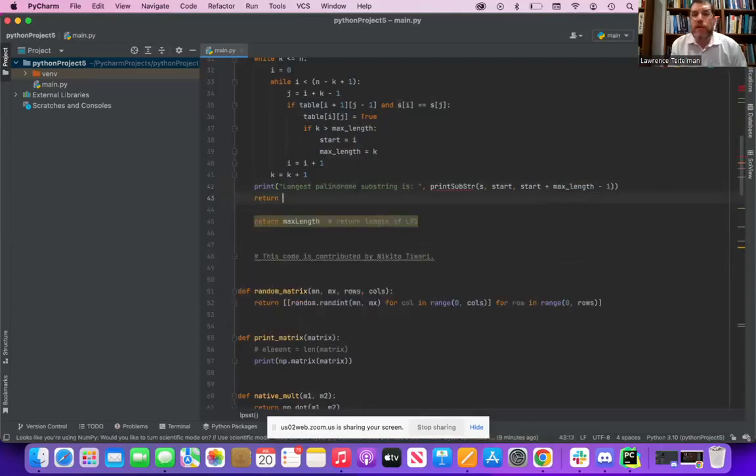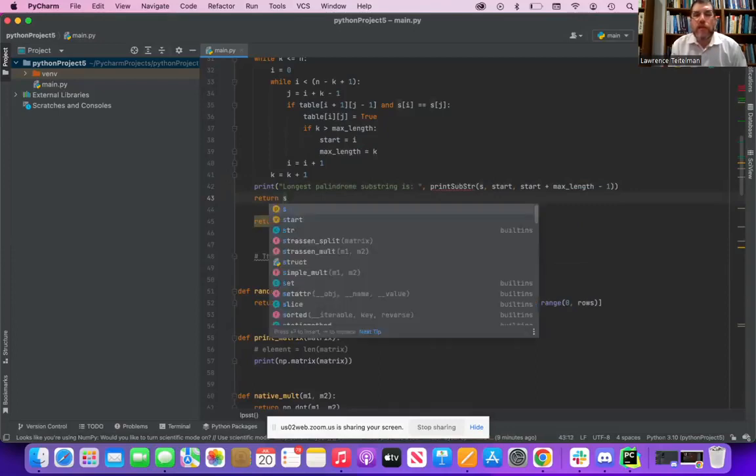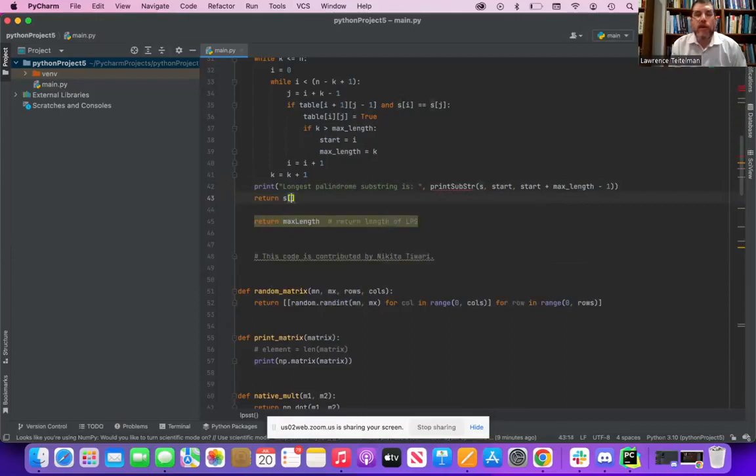Okay, the substring is going to be S bracket start colon start plus max length minus 1.